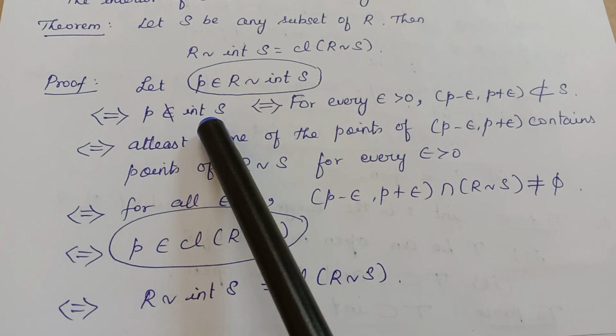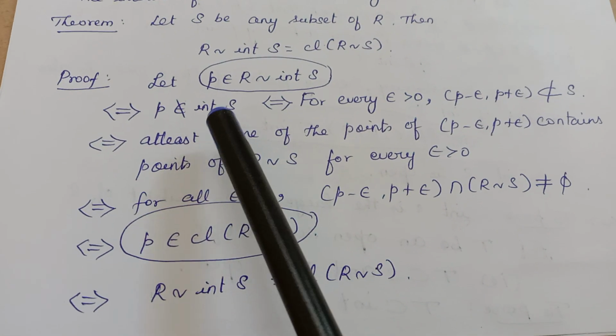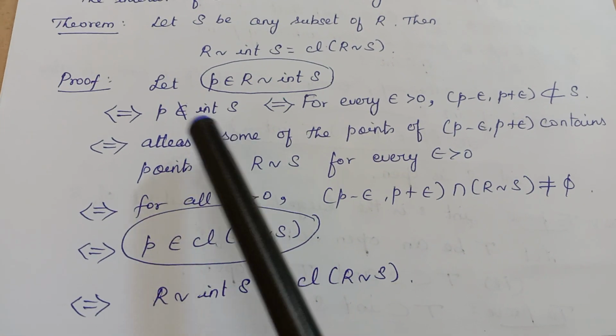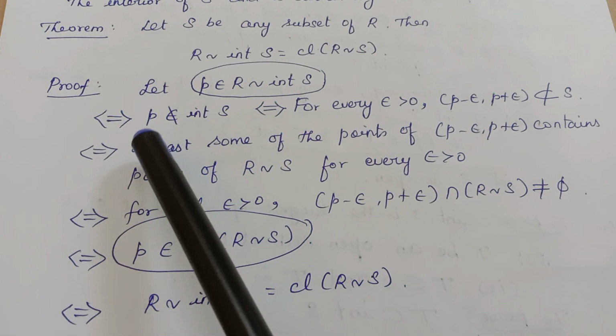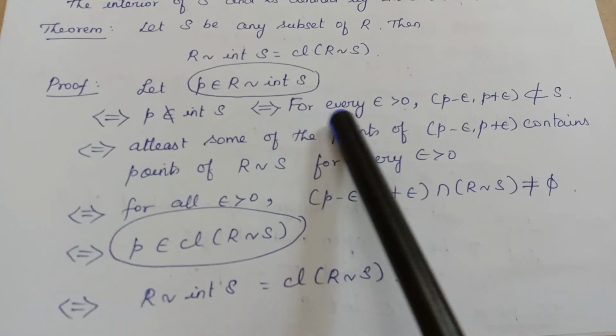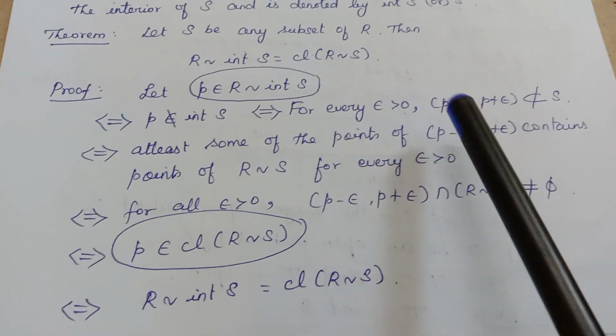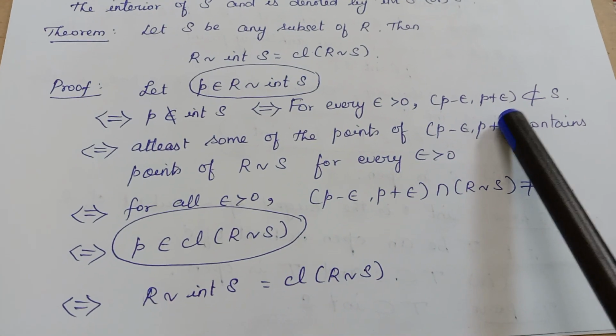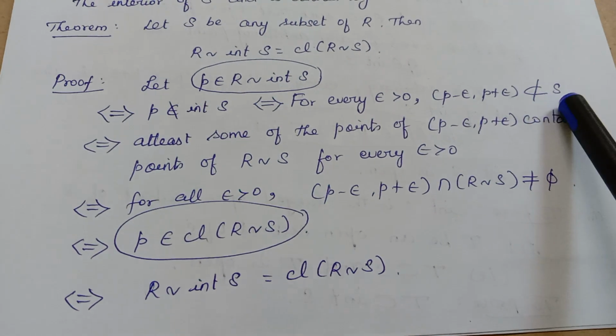For a point to be in the interior, at least one neighborhood must be completely contained in S. In the opposite way, I am saying P is not in the interior means for every epsilon, whatever epsilon you take, that neighborhood p minus epsilon to p plus epsilon is not contained in S.